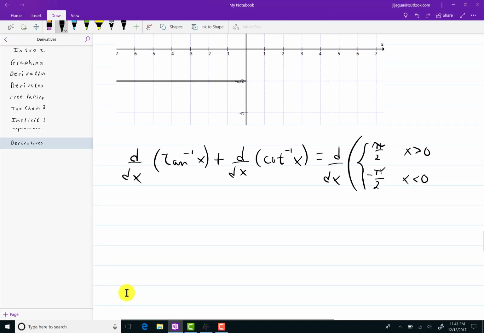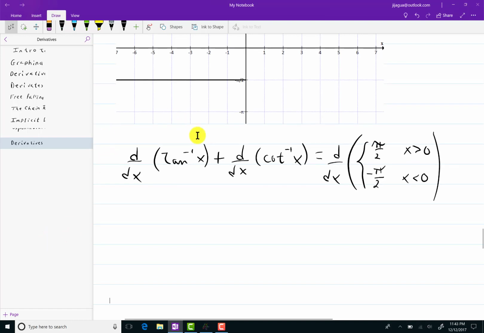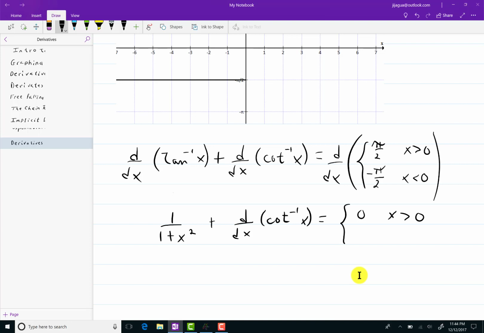So, we've gone through the effort of doing the derivative of tan inverse. We put it in: 1 over 1 plus x squared. Now over here, I'm going to get, well, nothing yet. I'm calculating that d over dx of cot inverse of x. And this equals, now over here, we're going to get a 0 if x is greater than 0, and also 0 when x is less than 0.